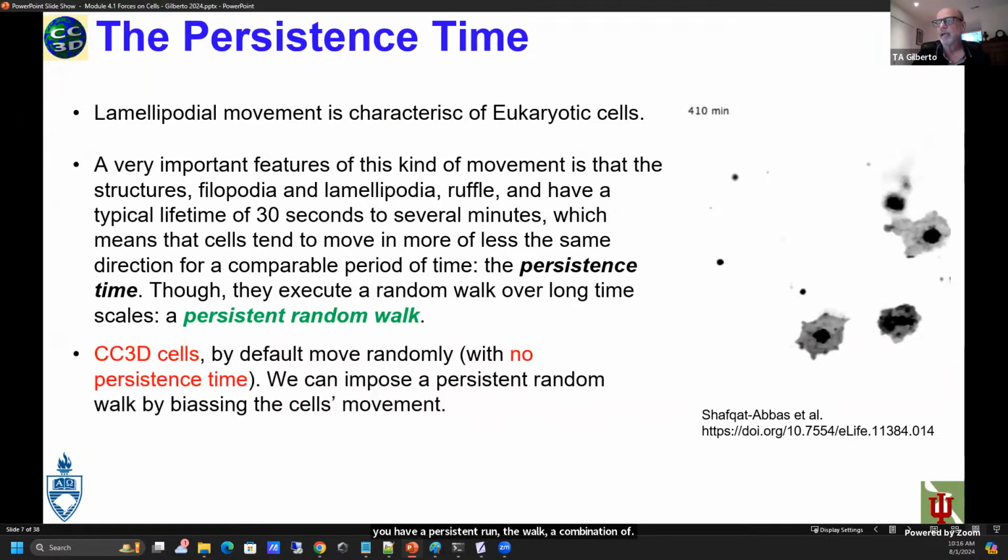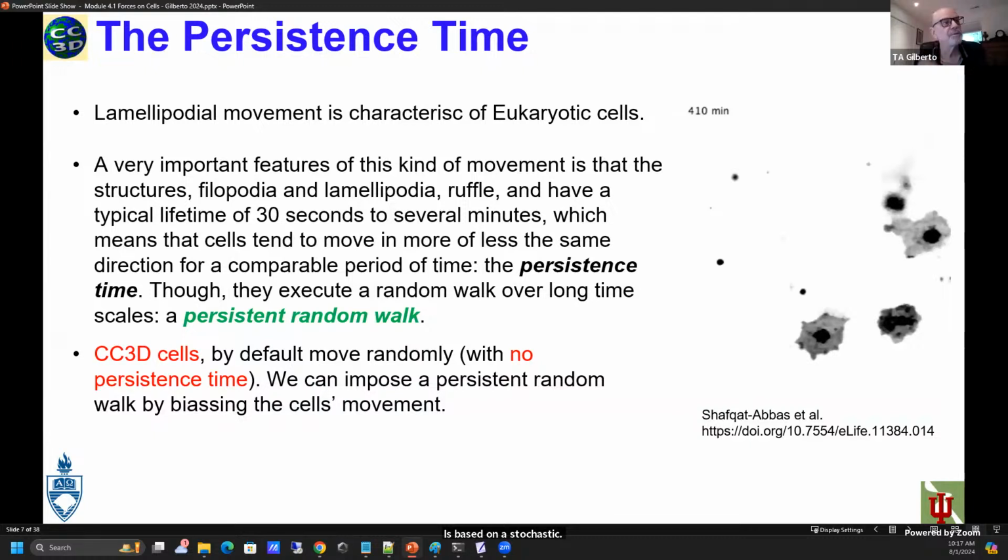Okay. Now let's bring CompuCell3D into the game. Cells that we create in CompuCell don't have persistence time, don't have persistent movement. They only move randomly. CompuCell is based on a stochastic probability function.